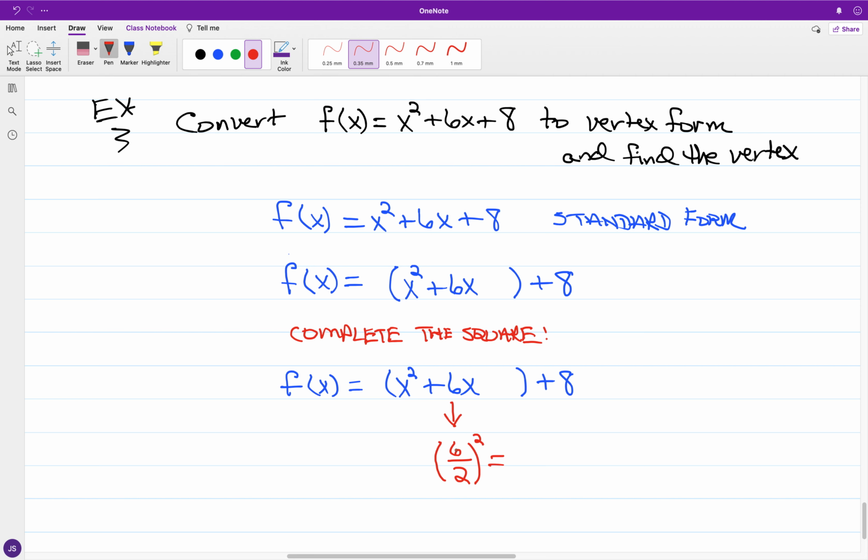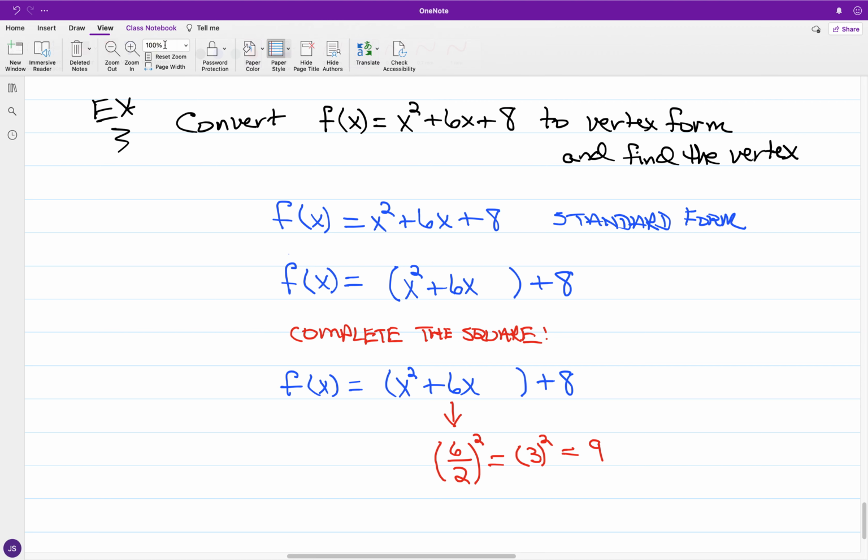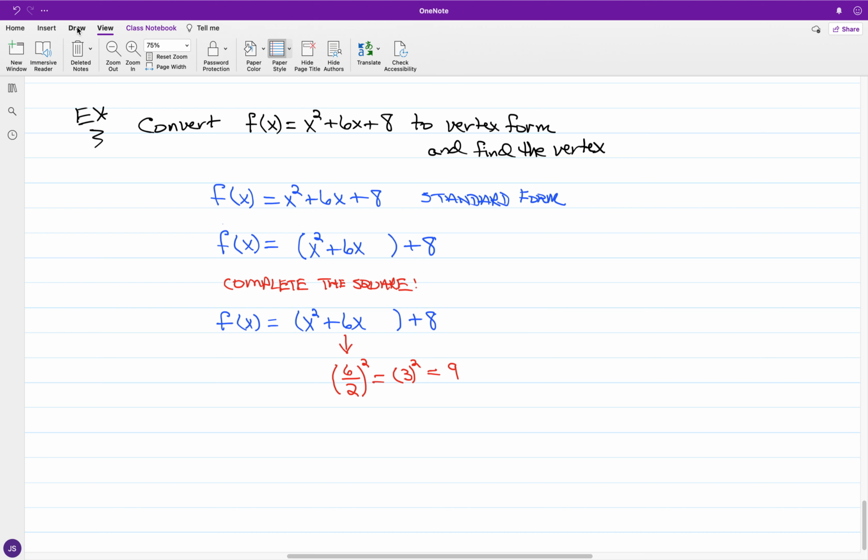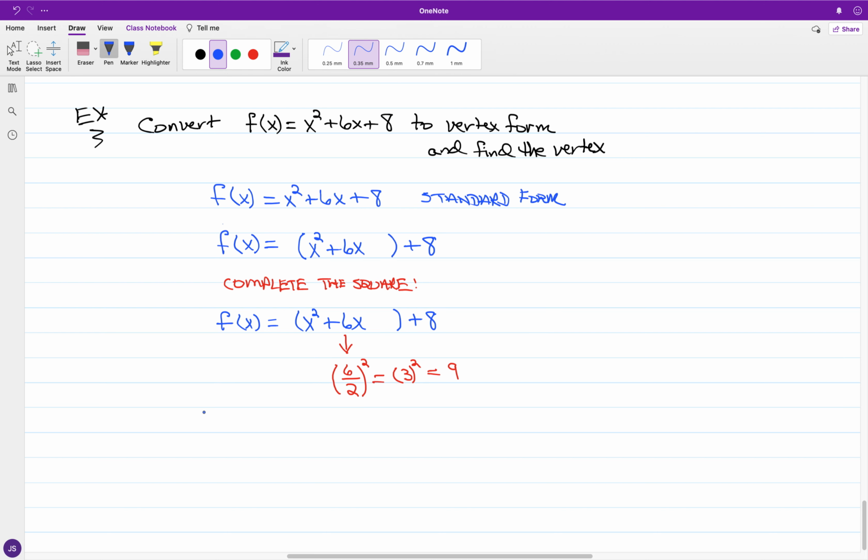So here, half of 6 is 3, and 3 squared is equal to 9. And we're going to work with 9 in the follow-through.